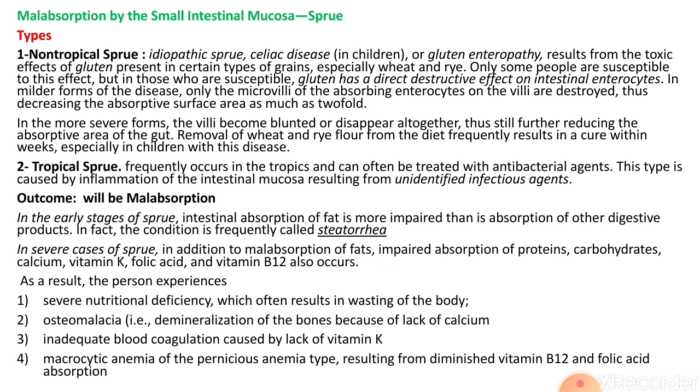Also, the absorption of calcium is affected, so the patient has osteomalacia or demineralization of the bones. Vitamin K is also not absorbed, so there is a defect in coagulation. Also, folic acid and vitamin B12 will not be absorbed, so the patient will have pernicious anemia.